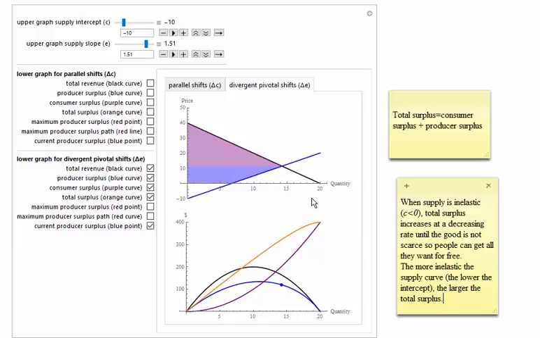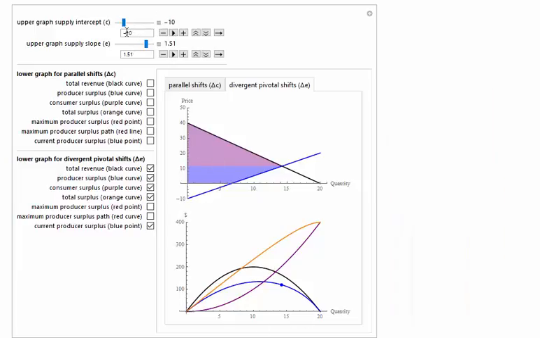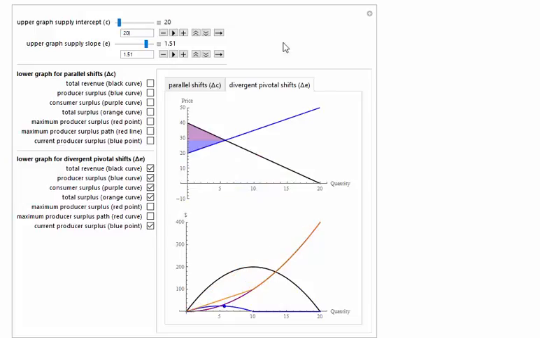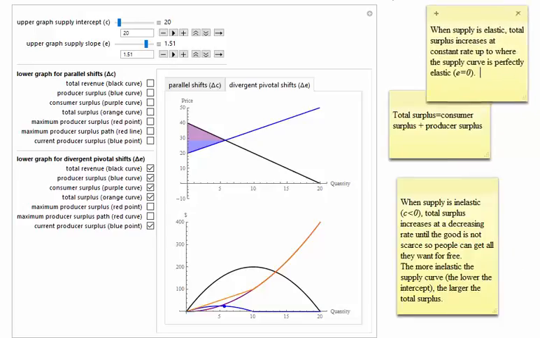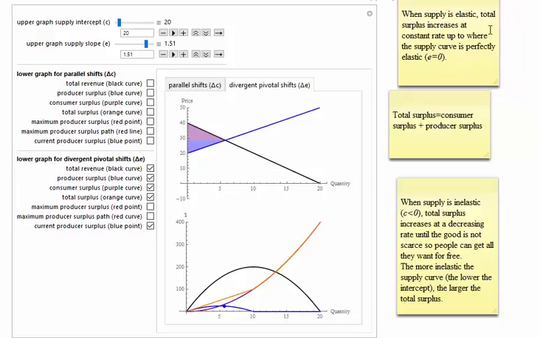Now let's look at it when we have a positive intercept for the supply curve. So up here, let's change it to 20. There's our positive intercept. And up here, when supply is elastic, total surplus increases at a constant rate. There it is, increasing at a constant rate. And that's as much as we can produce.